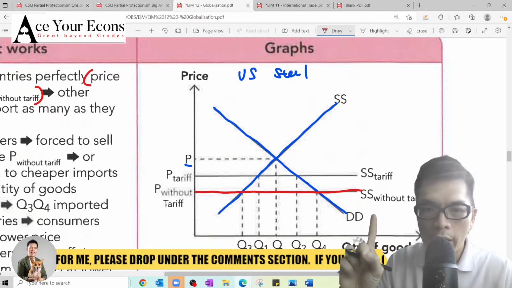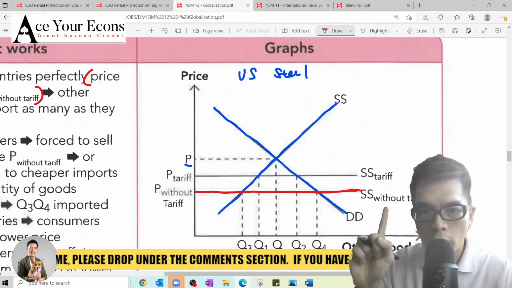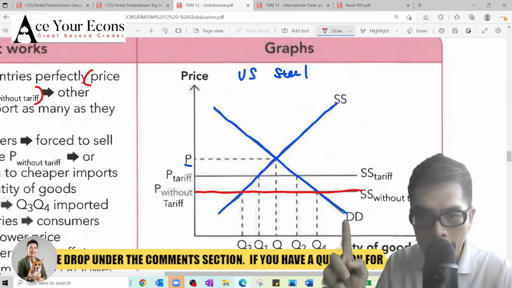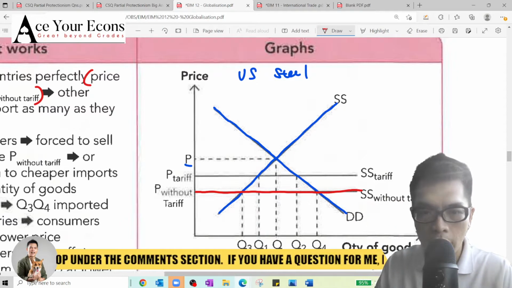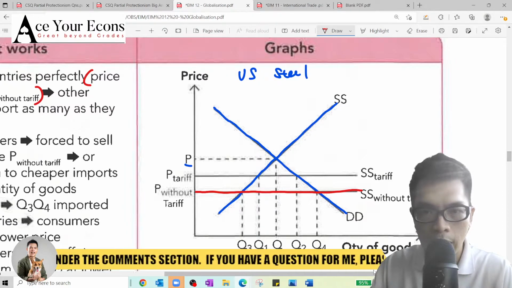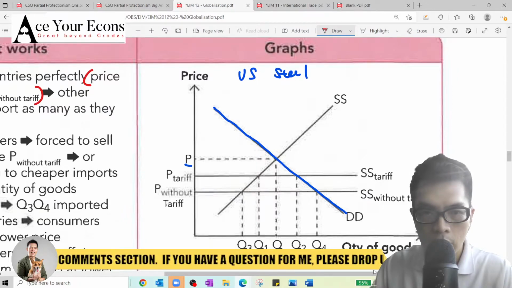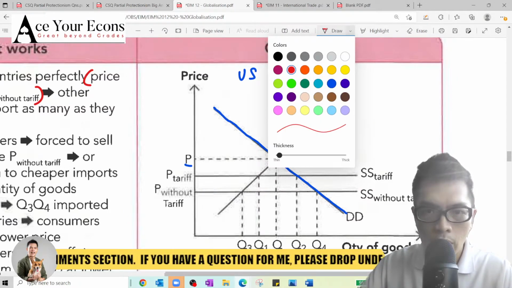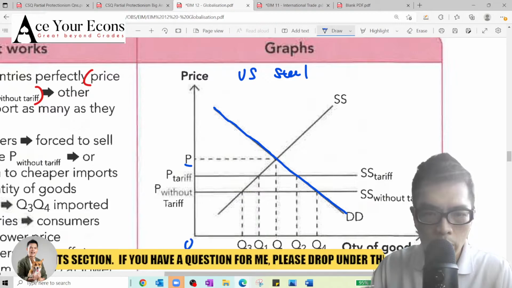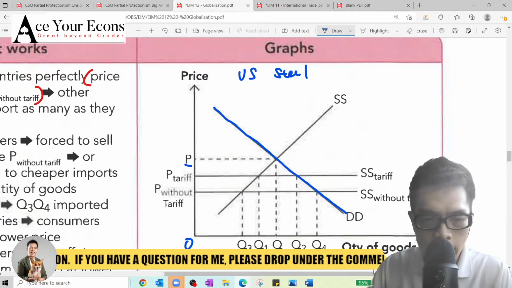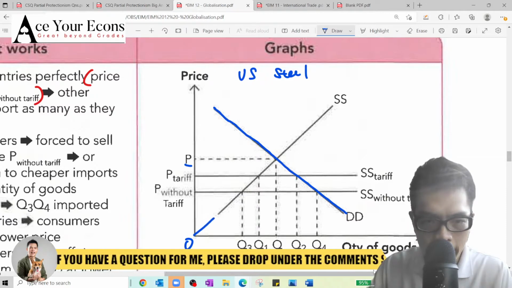Moving on, I want you to focus on this: the supply of US steel in the presence of trade. I'm going to erase the blue line and the red line here. I want you all to follow me closely. This is the origin, and I'm going to extend the supply curve here.